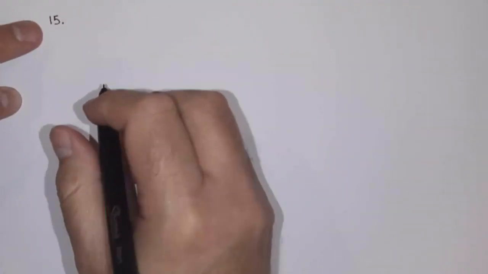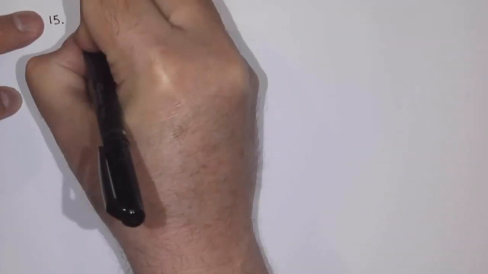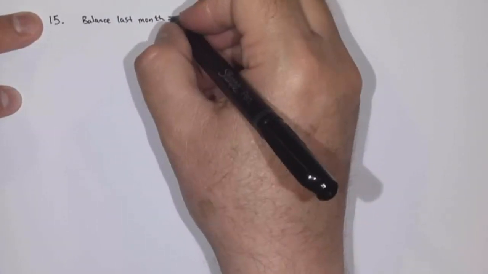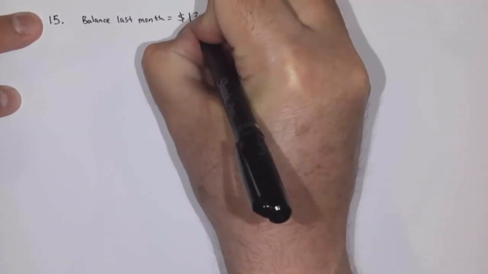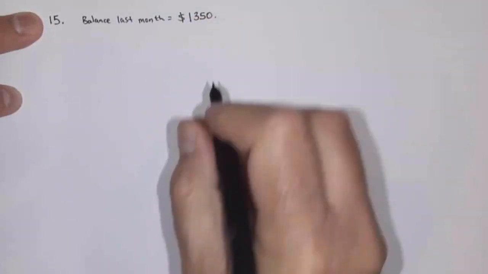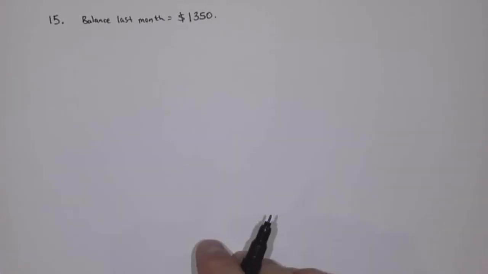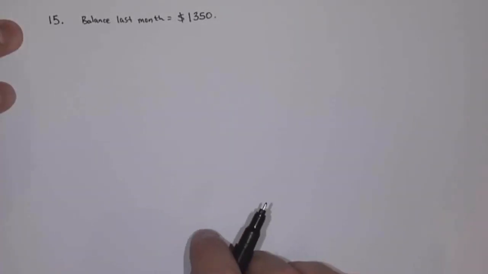So, number 15, we know that the balance for last month was $1,350. So what we need to do is figure out what the balance is going to be for this coming month so that we can figure out what the finance charge is going to be for that.